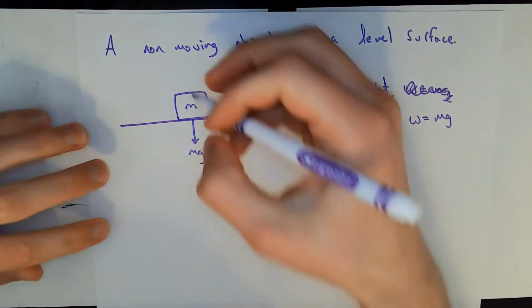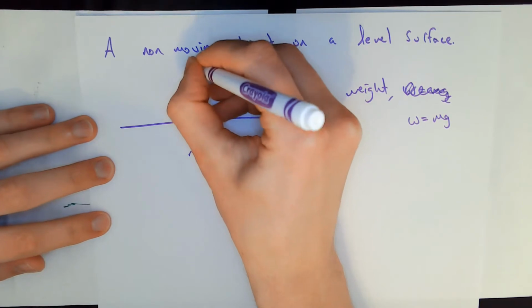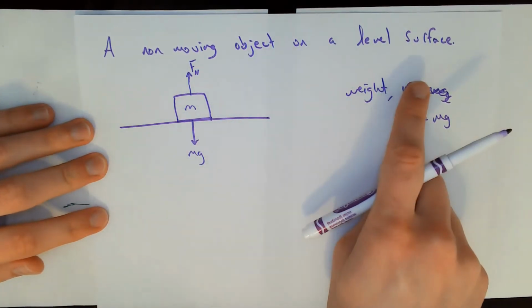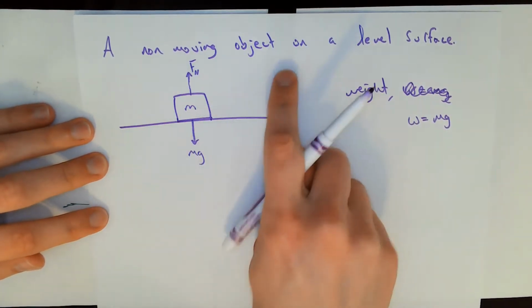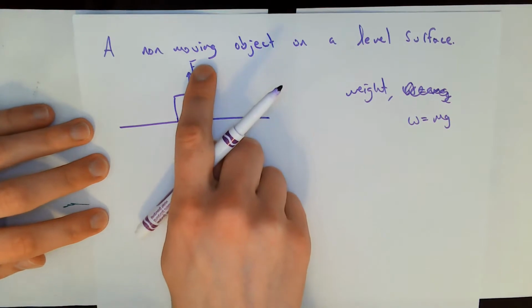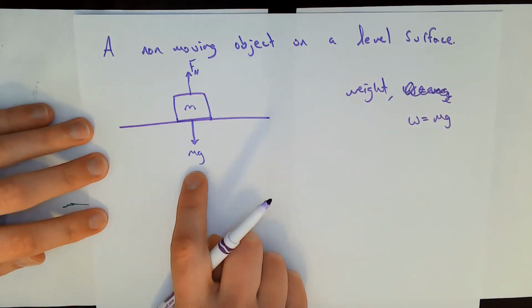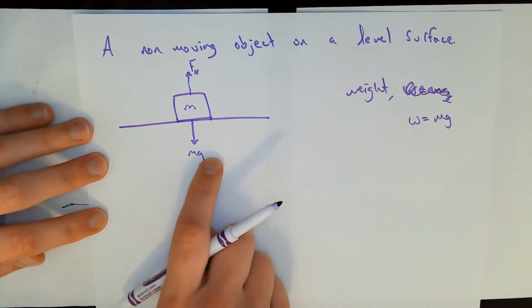Okay, and then we also have the normal force. F sub capital N for normal force. On a level surface, no ramps or slopes, the normal force is directly opposite to weight, this force, mg.